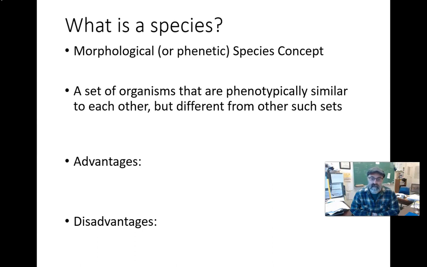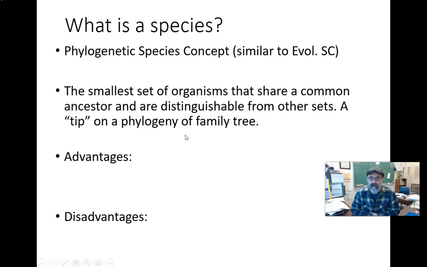So that is the big disadvantage of the morphological species concept. And then the third, and this is becoming an increasingly popular species concept, is similar to the evolutionary species concept, but this is the phylogenetic species concept.